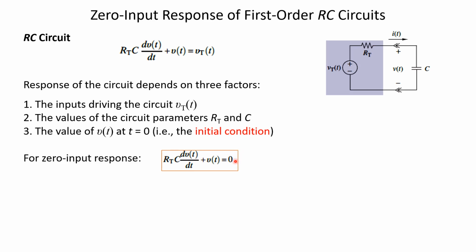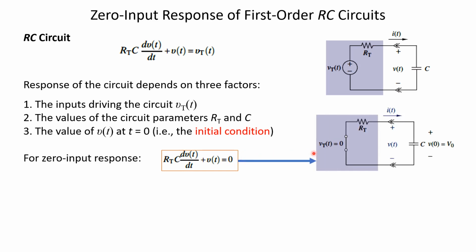External excitation 0 and still there is some voltage or current means that the circuit dynamics is due to the stored energy in the circuit, and the stored energy will determine the initial condition. However, this equation with the right hand side equal to 0 is known as a homogeneous differential equation. Eliminating the voltage excitation, making it 0, means we short circuit.